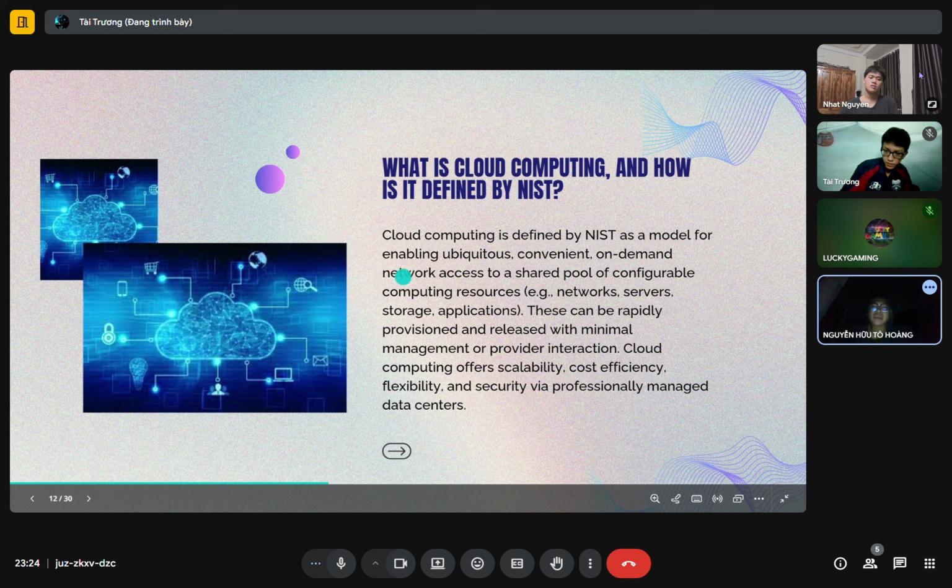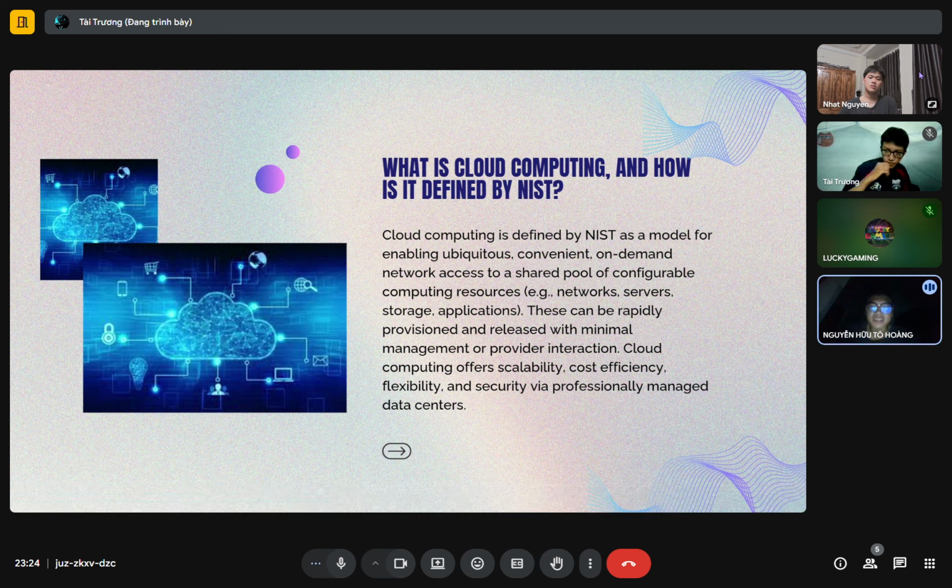Cloud computing offers scalability, cost efficiency, flexibility, and security with professionally managed data centers.